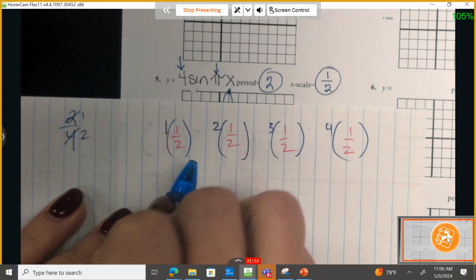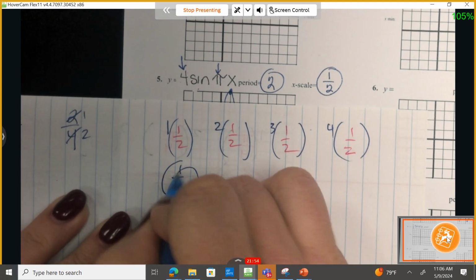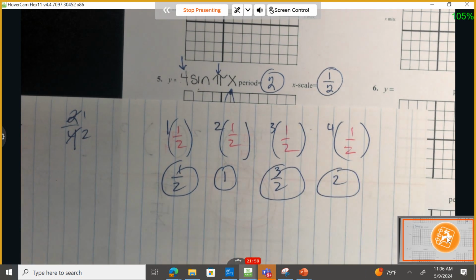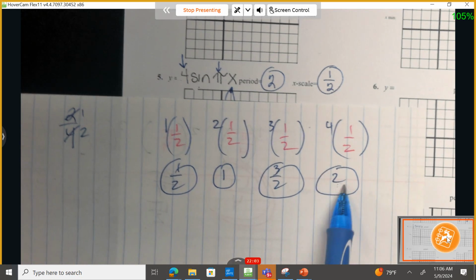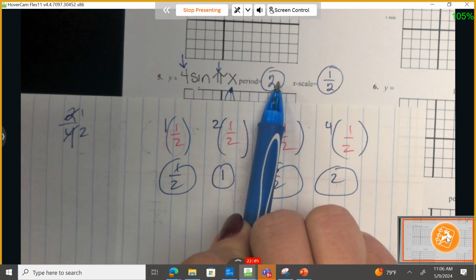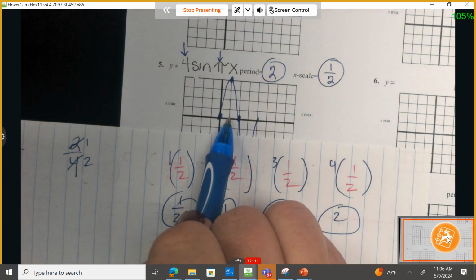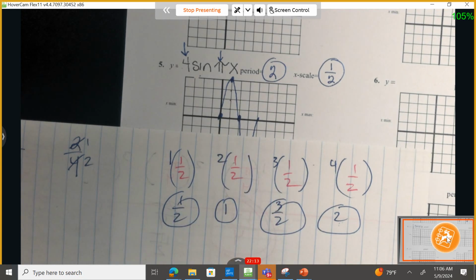This reduces to 1/2. This reduces to 1. This reduces to 3/2, and this reduces to 2. You will notice that step 4 will always be the same as the period length. So if I said to somebody, Giselle, step 1 on the x-axis, where are you at? 1/2.